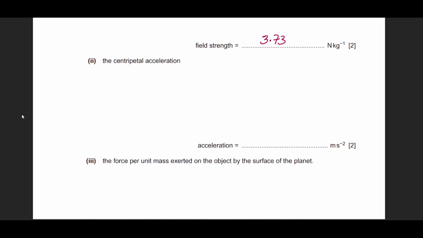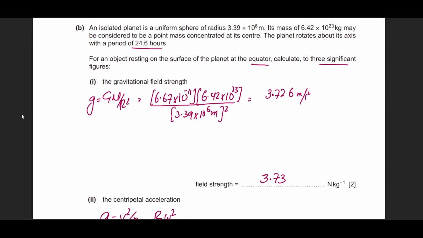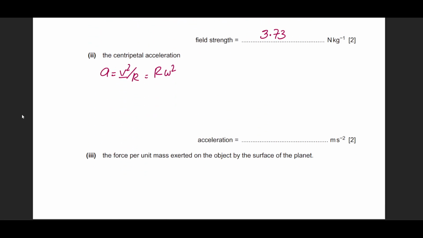The centripetal acceleration is going to be a equals v square over r, or it could have been omega square r. Since we don't have the tangential velocity, and we do have the time period mentioned, I believe that we are going to use r omega square.